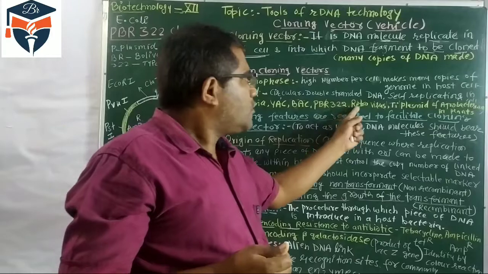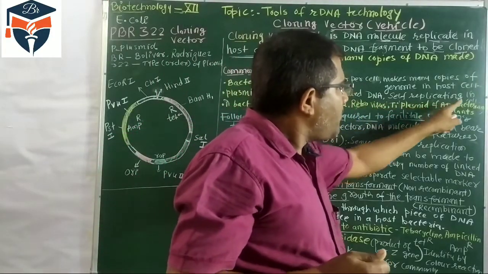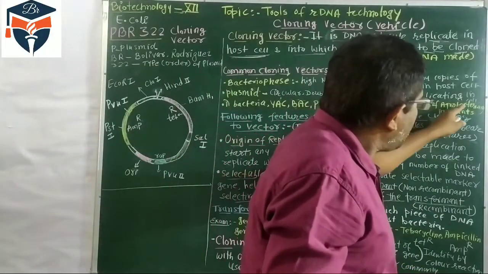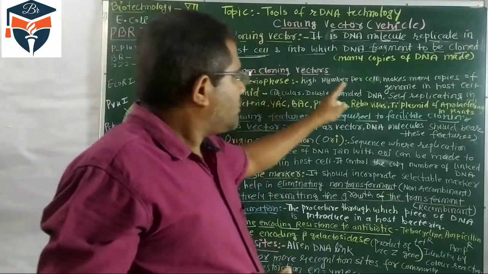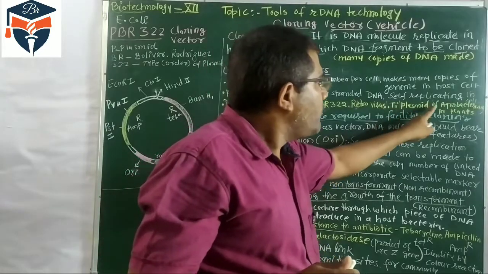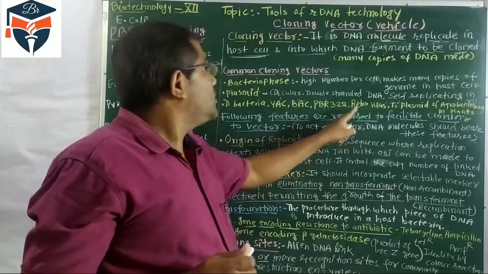Retroviruses are used in animals. In animal cloning, retroviruses are used. The Ti plasmid of Agrobacterium is used in plants. So in plants, which cloning vector is used? The Ti plasmid of Agrobacterium.